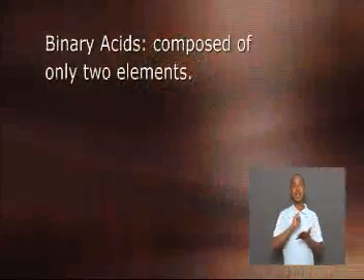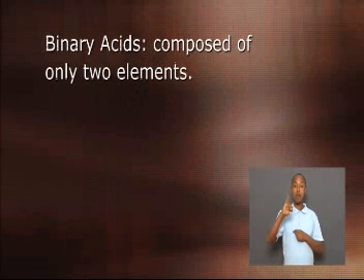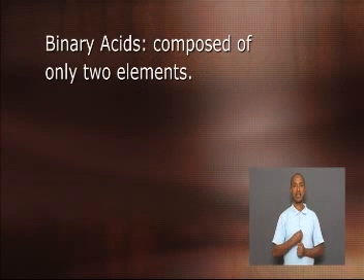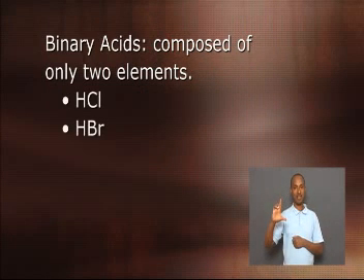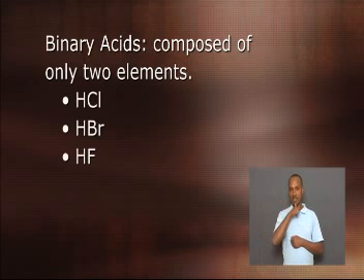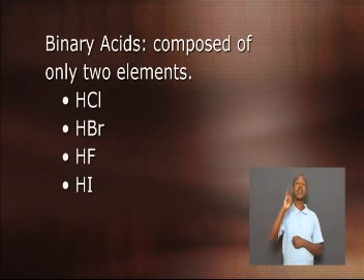Another way that acids can be classified is in terms of the number of constituent elements they have. Binary acids are composed of only two elements. Some examples include hydrochloric acid, hydrobromic acid, hydrofluoric acid, hydroiodic acid, and hydrosulfuric acid.